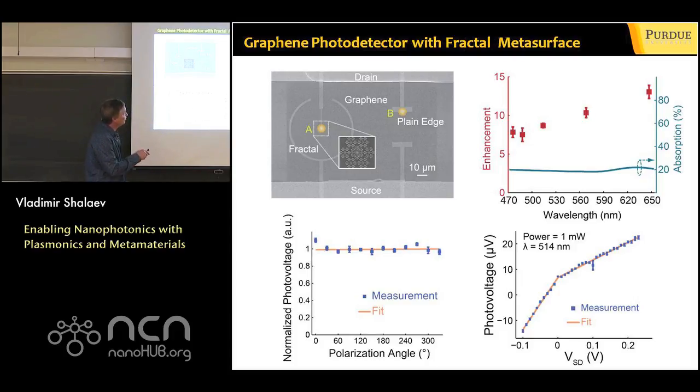And this is the absorption of the fractal itself. You see, it's very broad and flat. So it means that it would provide enhancement in this broad spectral range. So this is an example of how you combine different ideas. In this case, localization in fractal structures actually turns out to be Anderson type of localization, similar to Anderson localization for electrons.